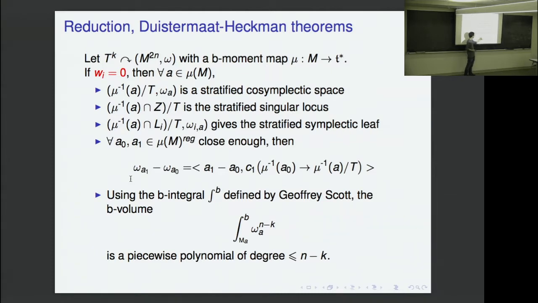But according to results of Geoffroy-Scott, actually we can take a b-integral even when this has some singularity, but it's still integrable. There's some nice definition of that. And because the difference of these symplectic forms is given by this one form, when you take the integral, this is going to give you a piecewise polynomial, same as in the symplectic case.